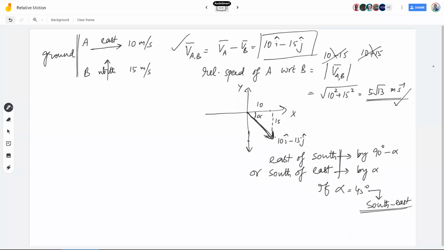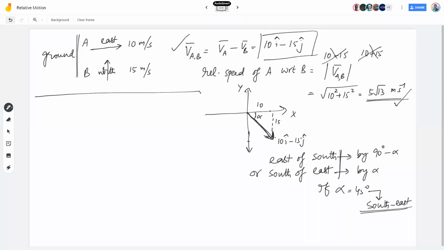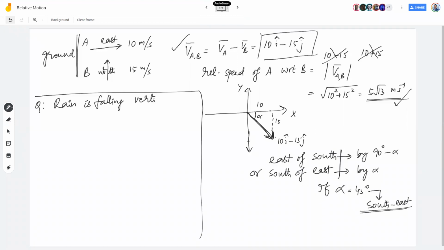Say for example, there is a question like this. Rain is falling vertically down on the ground.